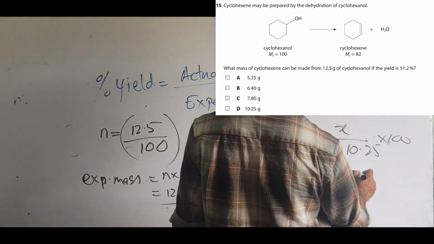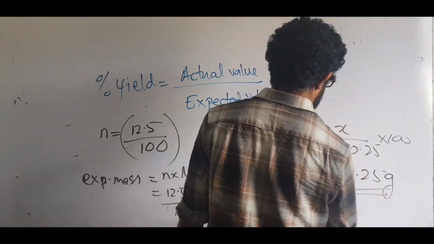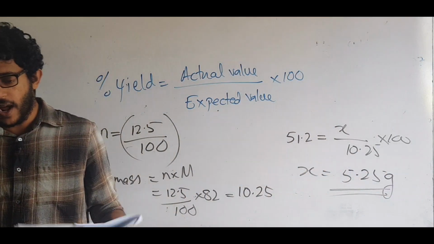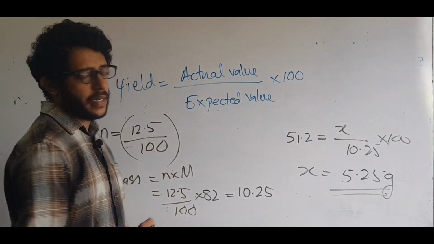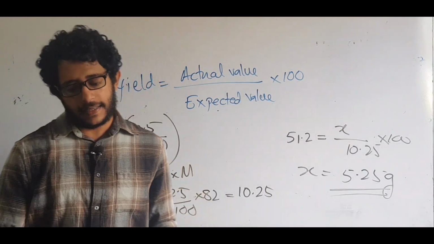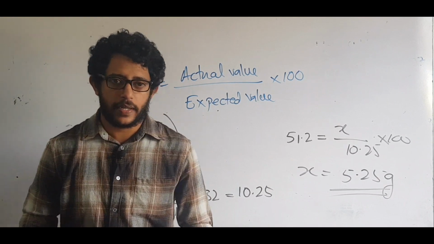Again, the answer is 5. These are not that hard, they are very easy questions. So that's how we find the percentage yield calculations. There are different types. When you discuss papers, you will get those as well.